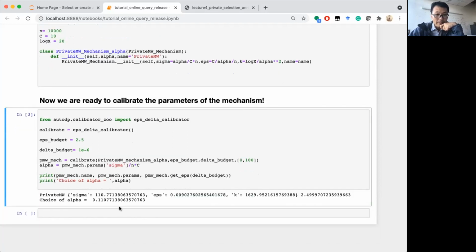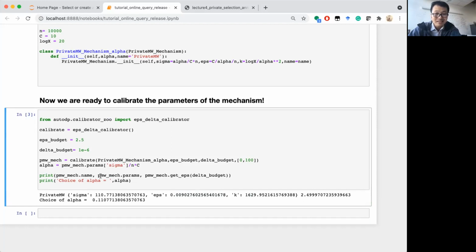Okay, and then the corresponding choice of alpha can also be computed here, and we can use this alpha to choose the right threshold of the private multiplicative weight mechanism, by choosing the threshold proportional to alpha. So the theoretical choice would be a fraction of alpha, but we can alternatively do it with just a quarter of alpha or half alpha without worrying about those numerical constants.